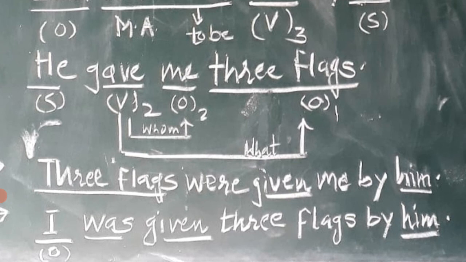Since the given sentence is in simple past tense, I have chosen was and were according to the need of the object: 3 flags is plural, that's why were, and I is always associated with was. Later on gave is converted into given, the third form of give, gave, given, and finally the he associated with by gets converted into him.